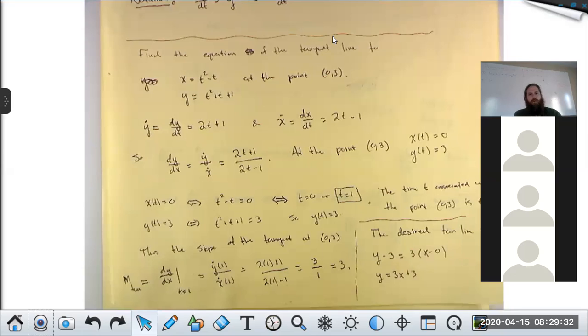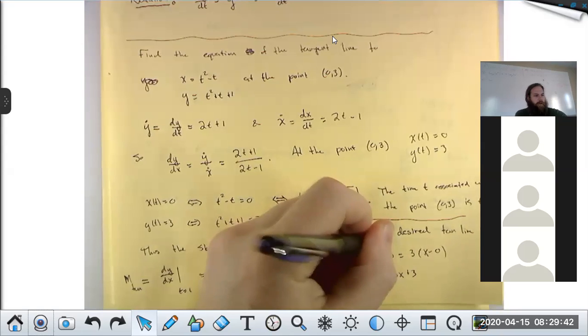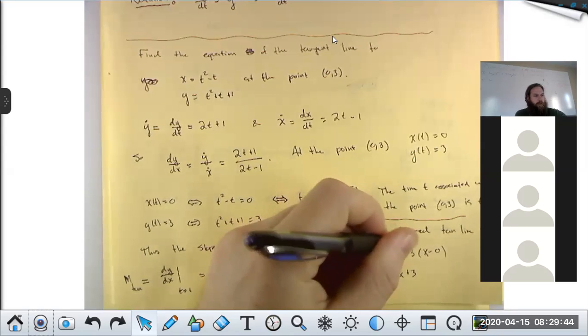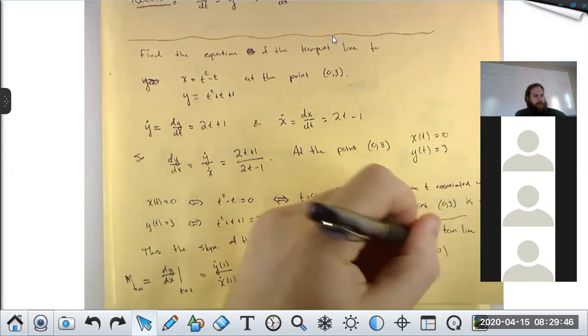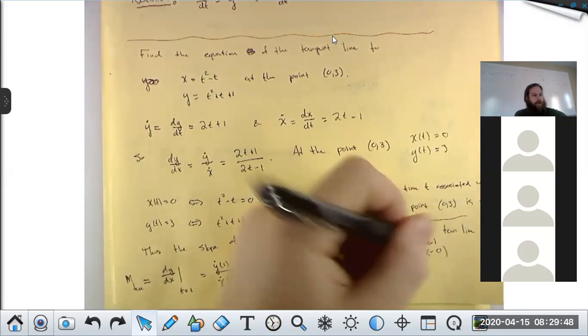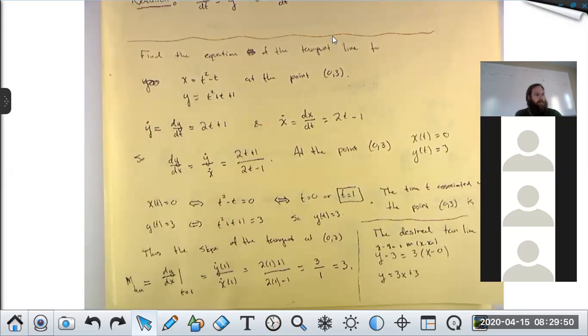So, other questions on this? How did you end up getting 3x plus 3? So I used my point slope form here. This is y minus y0 equals m times x minus x0. And I plugged in the point (0, 3) for (x0, y0).